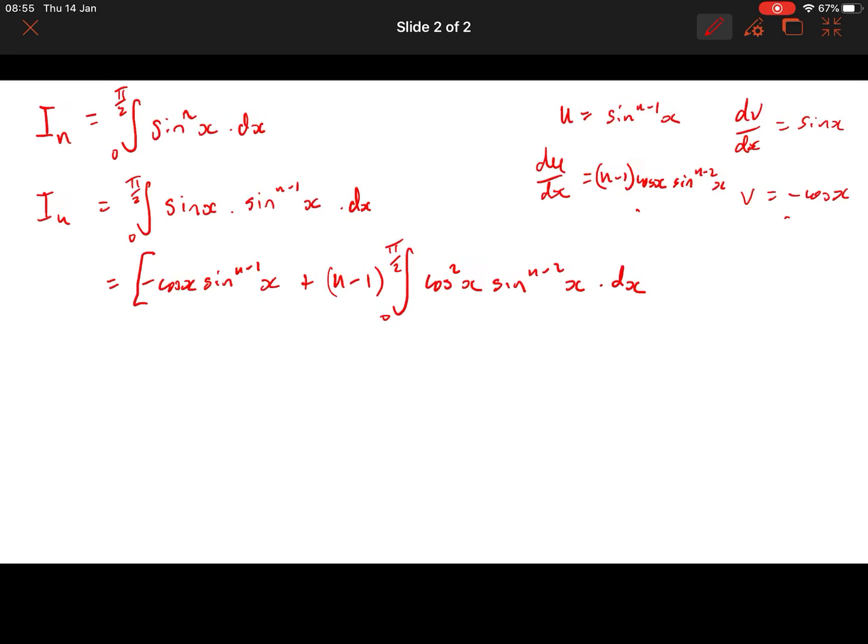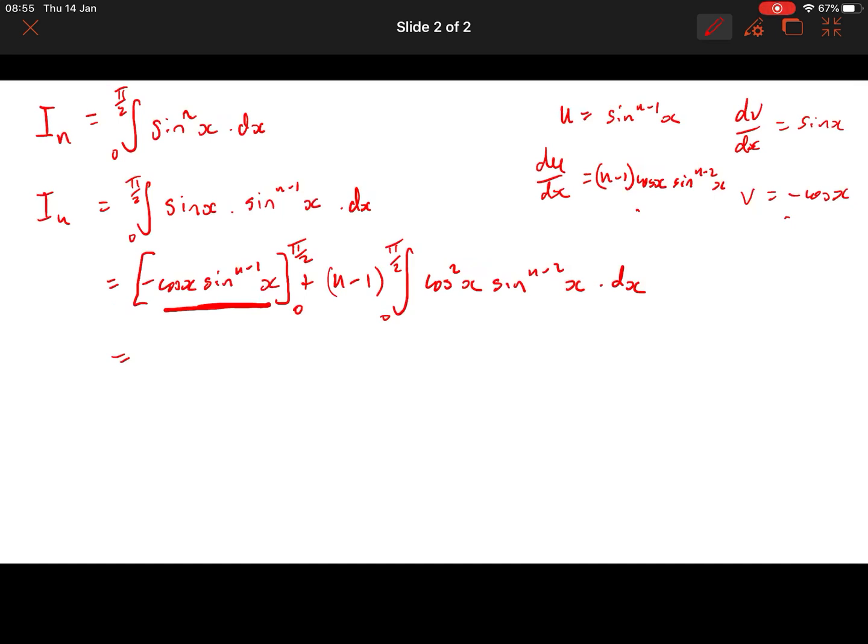Don't forget that this is a definite integral, so this also needs to be between pi over 2 and 0. Now the good thing is, if I put pi over 2 and 0 into this expression here, I'm going to get 0, because sine of 0 is 0 and cosine of pi over 2 is 0.